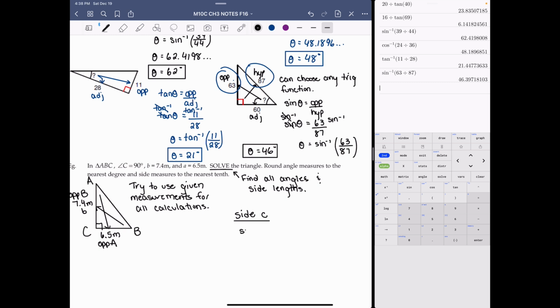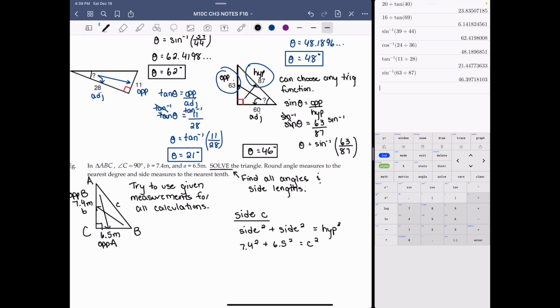The formula is side squared plus side squared equals hypotenuse squared. C is our hypotenuse, and our other two sides are 7.4 and 6.5. So 7.4 squared plus 6.5 squared equals C squared.